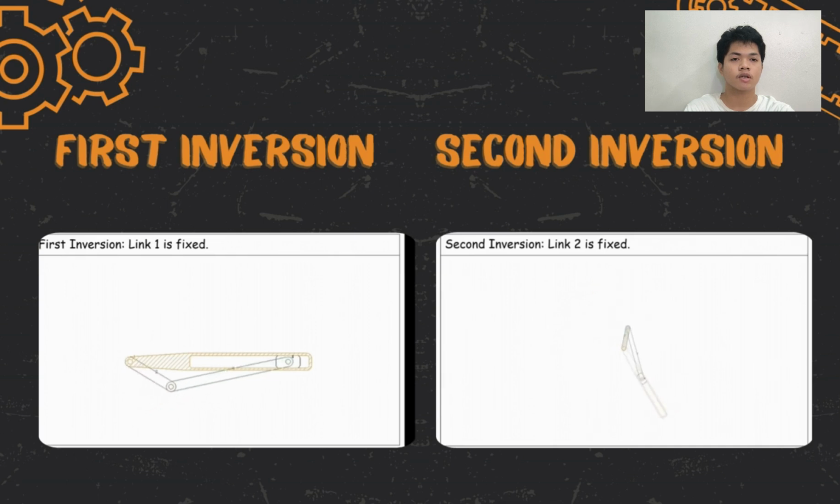The first inversion occurs when the crank is fixed in place. In this configuration, the connecting rod, which is the link 2, rotates around the fixed crank, causing the frame or the link 3 to oscillate and the slider or the link 4 to move in a reciprocating manner. In this, the fixed crank acts as the central pivot point around which the connecting rod moves.